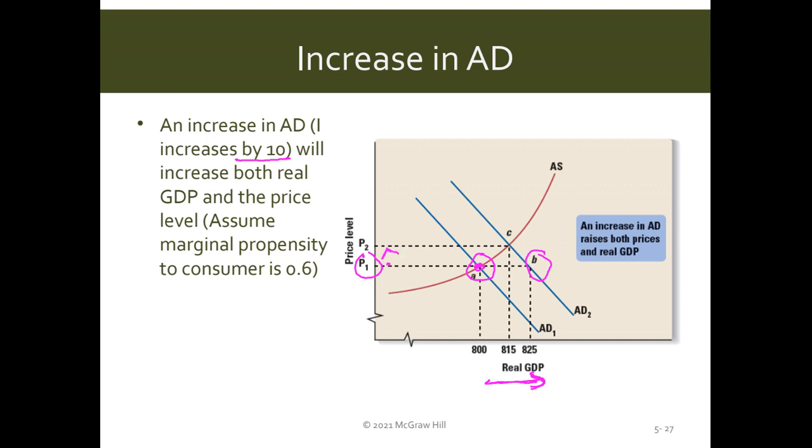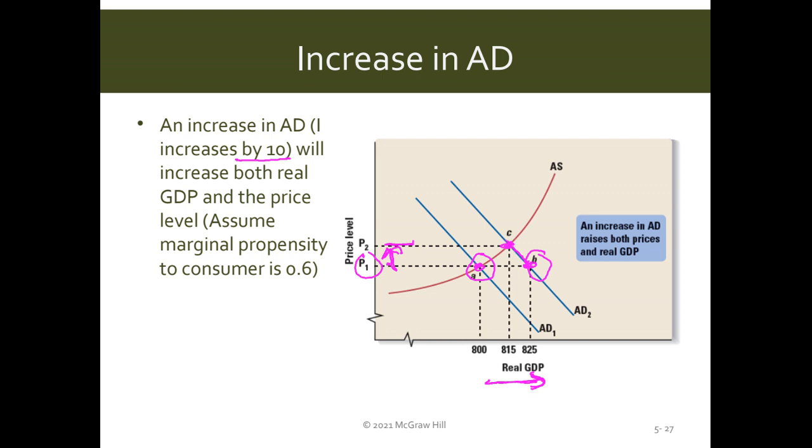This increase in price, if you remember, when I was talking about the negative slope aggregate demand curve, I told you that when price increases, aggregate quantity demanded decreases. So aggregate quantity demanded decreases means you move from point B towards point C, and eventually you reach this new equilibrium point.